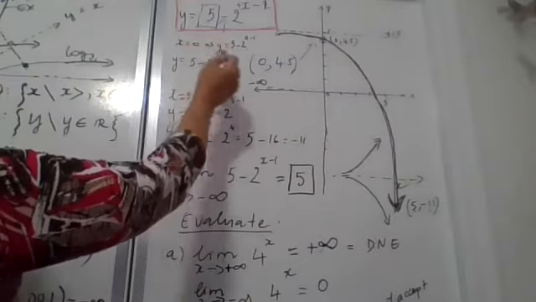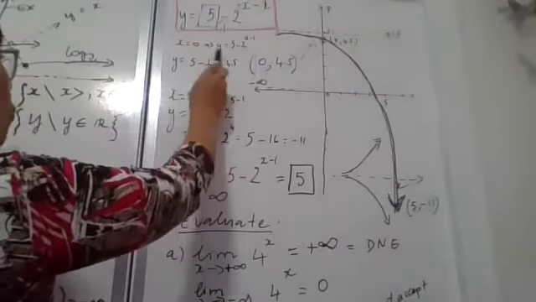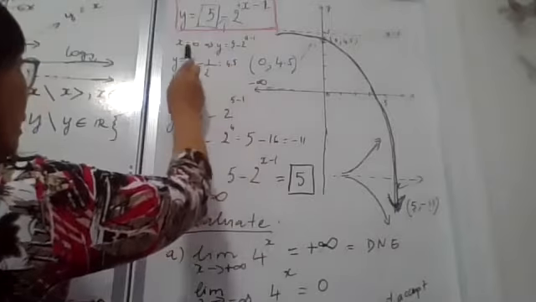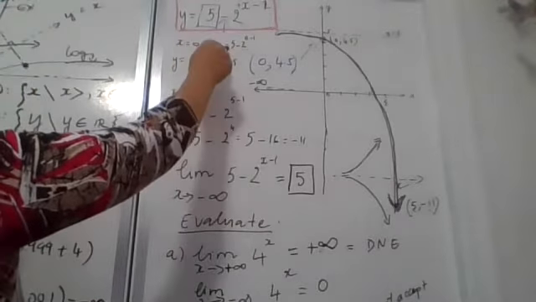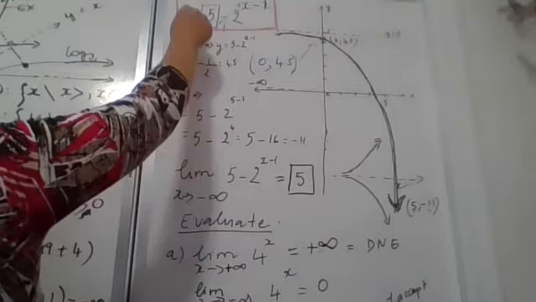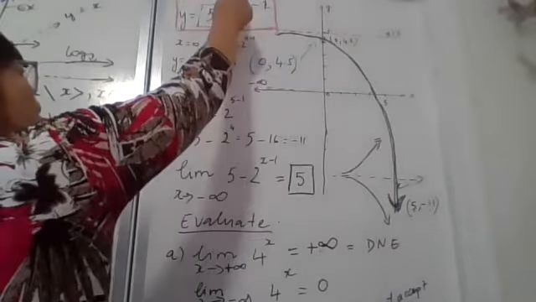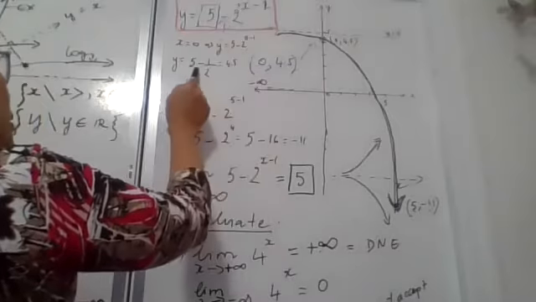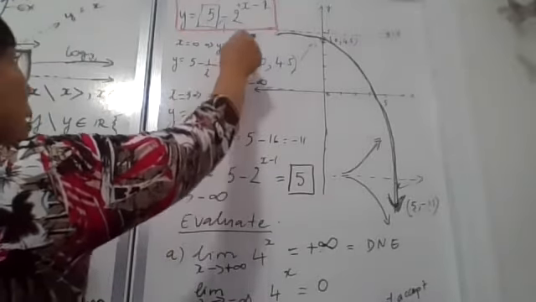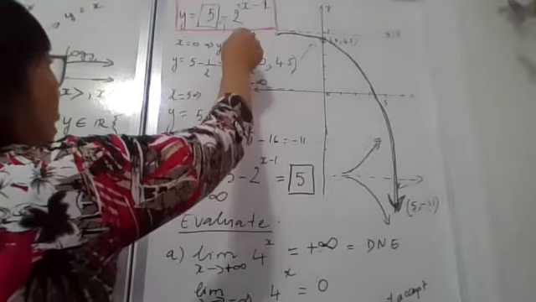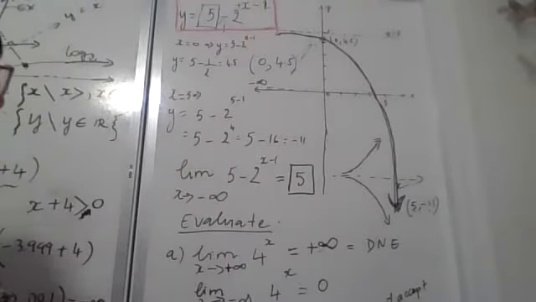So I'm going to plug in x equals 0 into this function to calculate the value of y. If I plug in x equals 0, I have y equals 5 minus 2 to the power of 0 minus 1. So the result is 5 minus 1/2, because when you have a negative power, you can flip the fraction and bring it down like that.